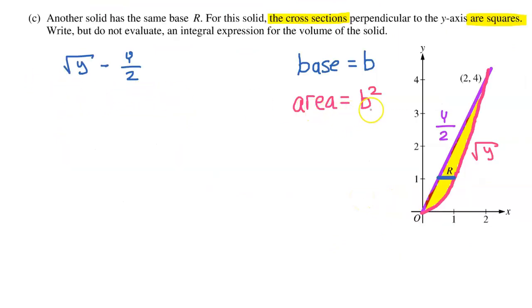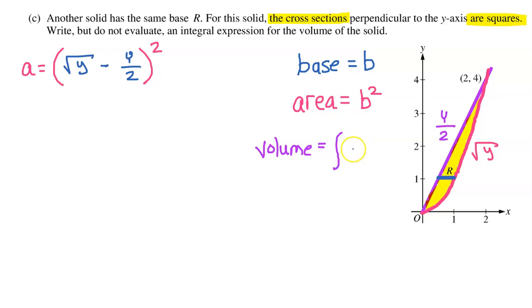Anyway, the area is b squared. Let's take our expression for the base and turn it into an expression for the area. If the area is the base squared, we can transform this into an expression for area by simply squaring what we have.